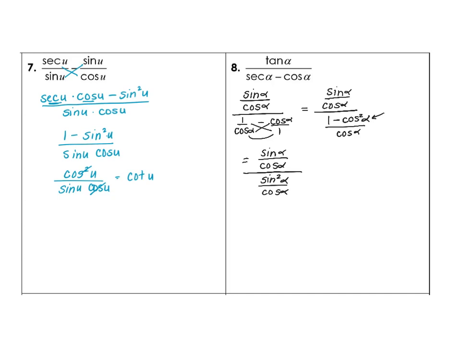Okay, so if we go through our simplifying here, do keep in mind that this is a complex fraction. You have the numerator, and then we're going to multiply by the reciprocal. So we're going to multiply by cosine over sine squared. So we have quite a bit of things here to cancel out, and one of those sines is going to cancel up here. So really I have 1 over sine alpha left, which is secant alpha.